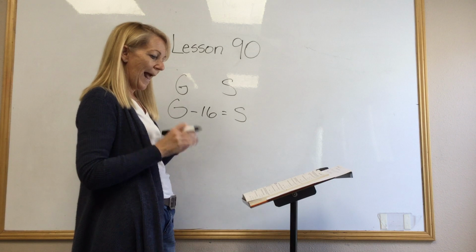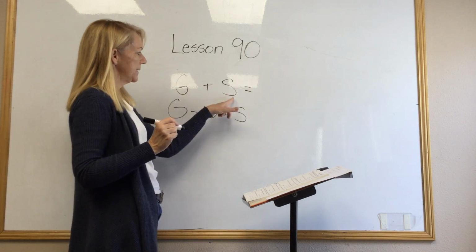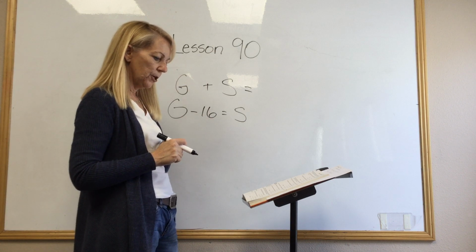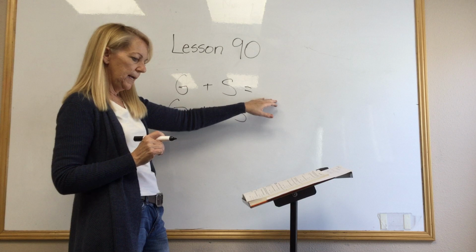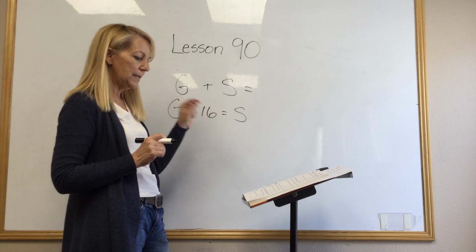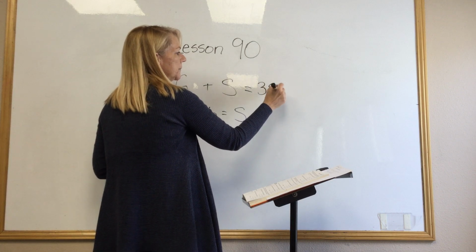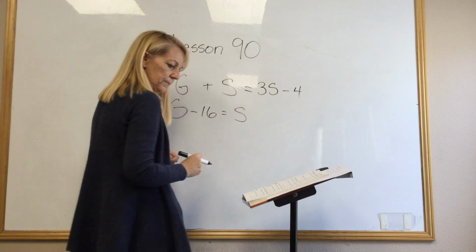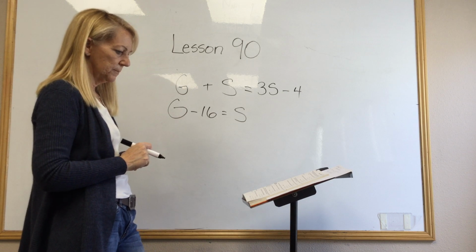Also, when added together, G plus S equals their sum, which is 4 less than 3 times the smaller. So that'd be 3 times the smaller minus 4. How's that?